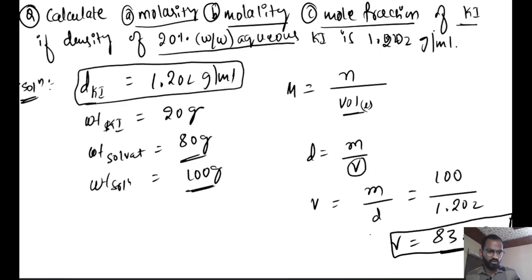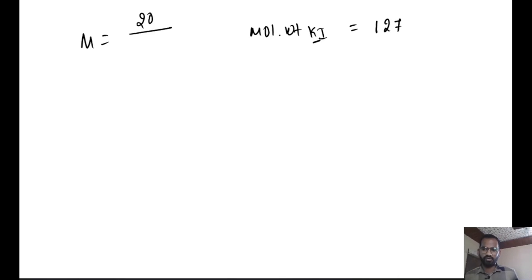Now find out the molarity. Molarity is equal to the number of moles. How can we find the number of moles? The given weight of solute is 20 gram. What is the molar weight of KI? Approximately 127, plus, that is not K, this is iodine's molar weight.